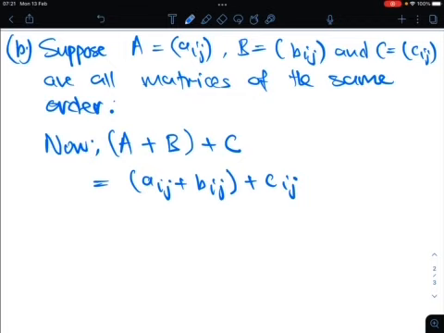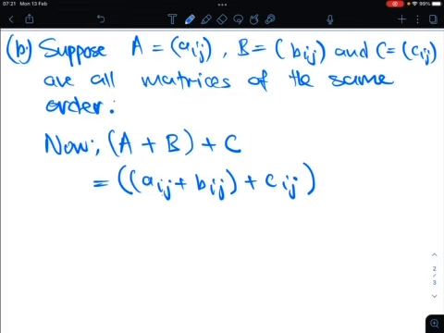That's what it means to add up these matrices. So A plus B, plus C, can be written like that in algebraic notation, where we have shown the bracket around A and B by bracketing Aij and Bij.